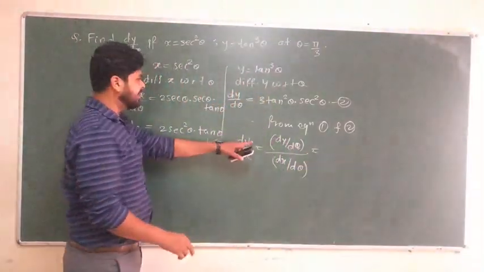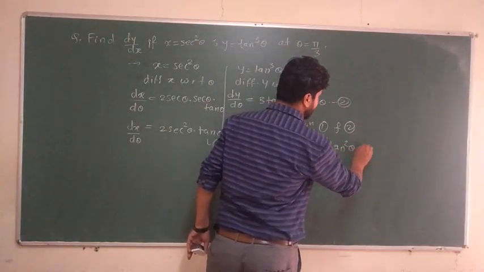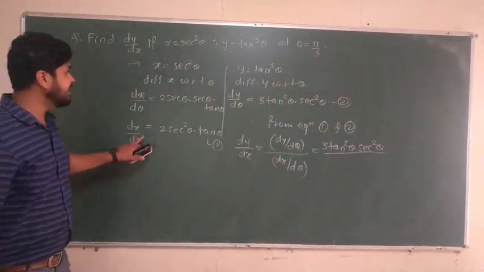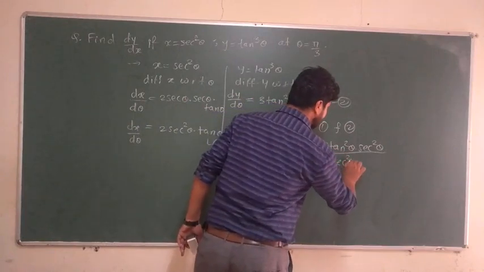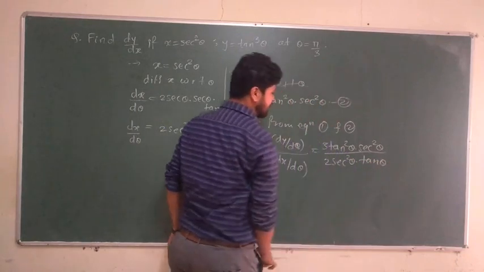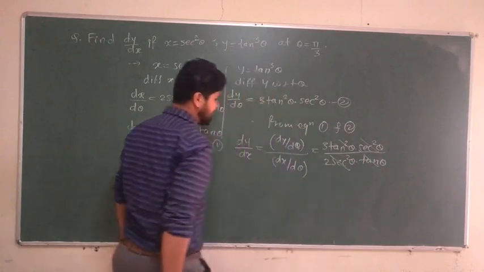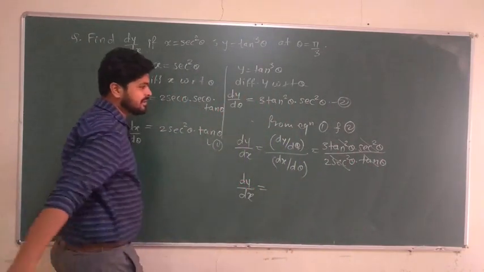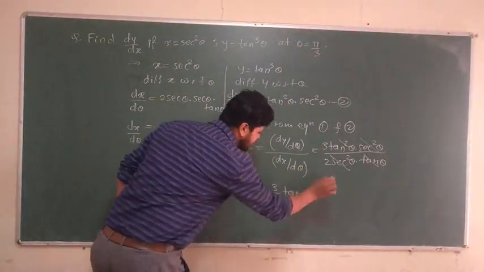So the value of dy by d theta is 3 tan square theta into sec square theta, upon the value of dx by d theta, which is 2 sec square theta into tan theta. So here this sec square gets cancelled, then one tan also gets cancelled, and the remaining answer is dy by dx is equal to 3 by 2 tan theta. Right?